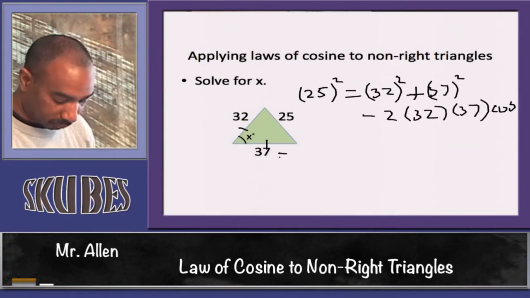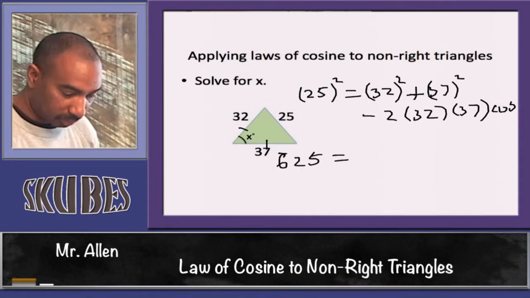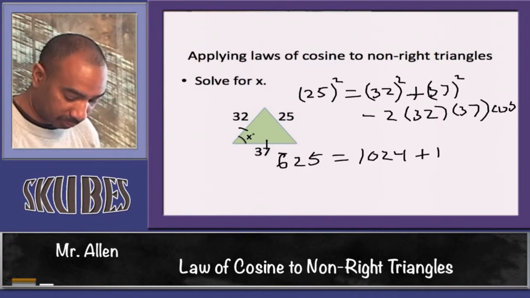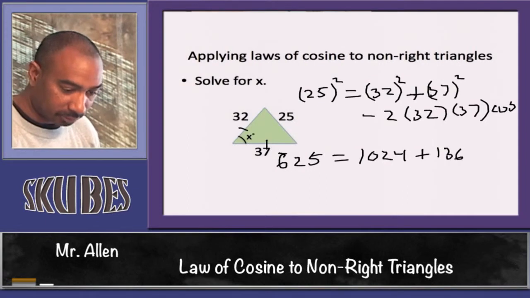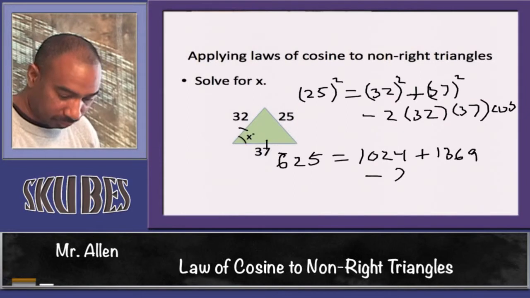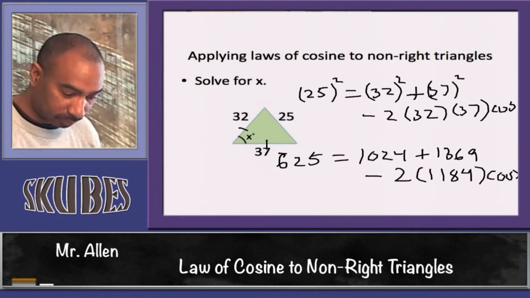All right, so 25 times 25 is 625. And you can get 1,024 plus 1,369 minus 2 times 1,184 cosine x.